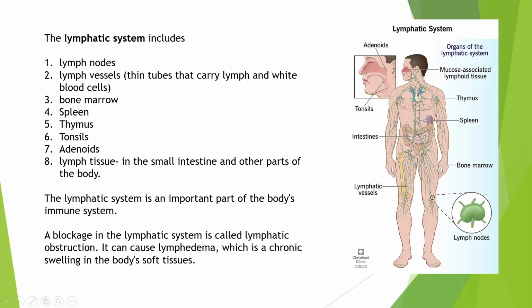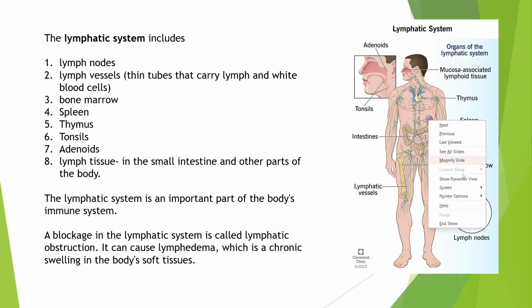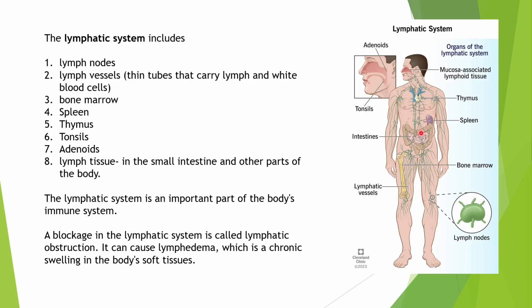Your adenoids and tonsils are present near your throat, and the mucosa associated lymphoid tissue in your nasal cavity also comes under your lymphatic system. The thymus is one of your major lymphatic organs, and then you have your spleen, located here, and the lymph tissue in your intestines.